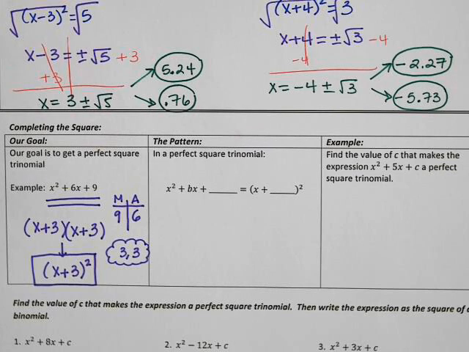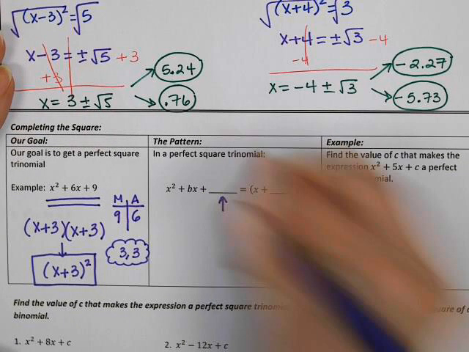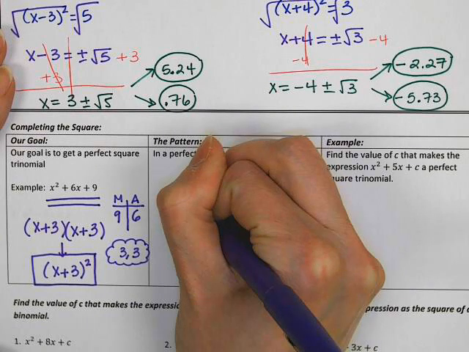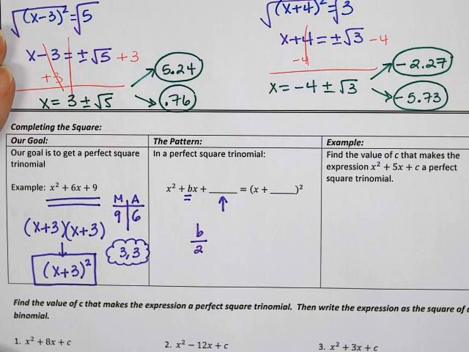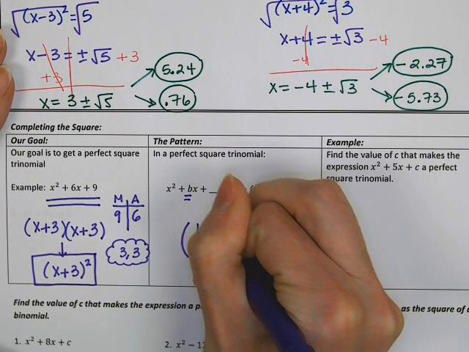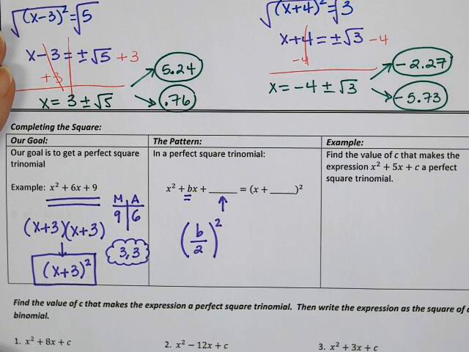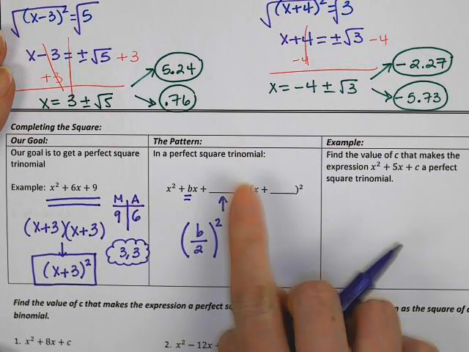Now today we're going to make those happen, and here is how you make it happen. To find this number, you take the middle number b, divide it by 2, and then square it. That's how you find this third number. Let me write it up here.